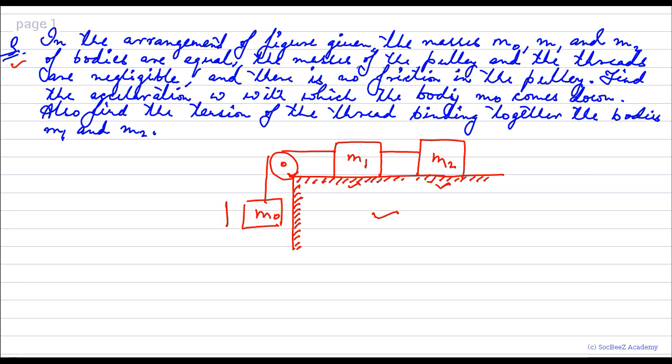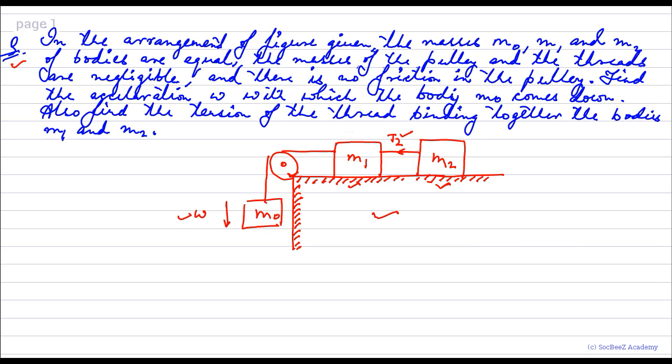So let's say W is the acceleration with which the body of mass m0 is coming down. And I also need to find out the tension, let's say tension T2, which is binding together the bodies m1 and m2. So these are the two things which I need to find out.